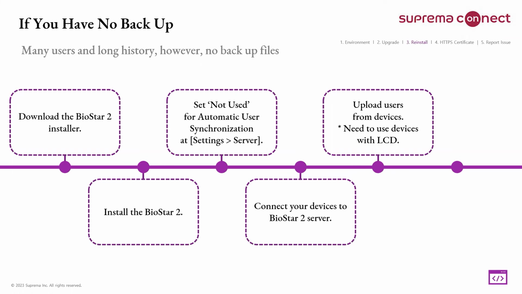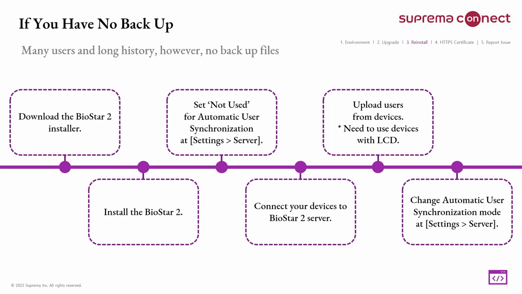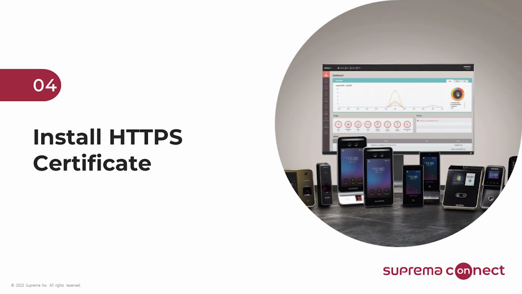Unfortunately, if only RF devices without LCD were installed at the customer sites, the user's name could not be recovered. Once the user upload from the device is complete, please go to Settings, Server, and change the user sync mode to whatever you want. You can watch the next part with a little more ease.